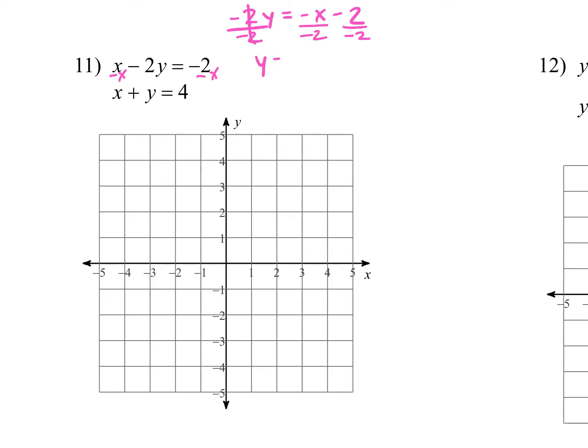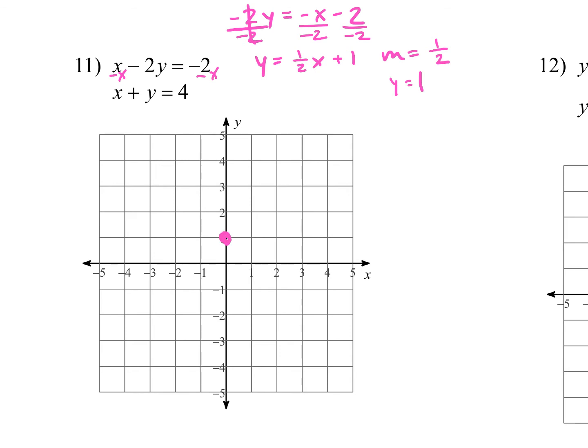So this would be y is equal to, what's negative x divided by negative 2? 1 over 2 x. And negative 2 divided by negative 2? 1. So what's my slope? And my y-intercept? Positive 1. So my first point goes to positive 1 on the y-axis.